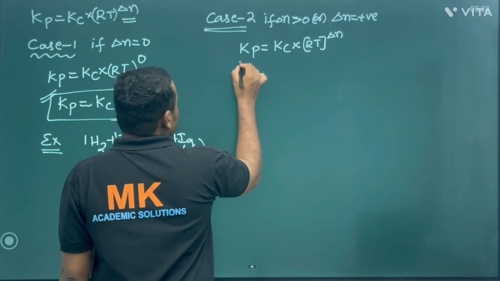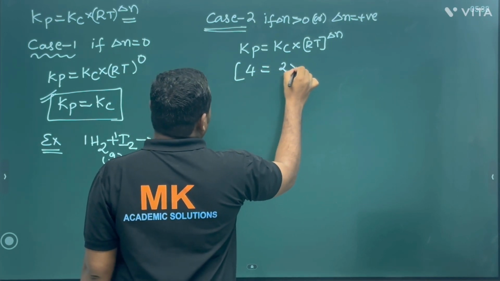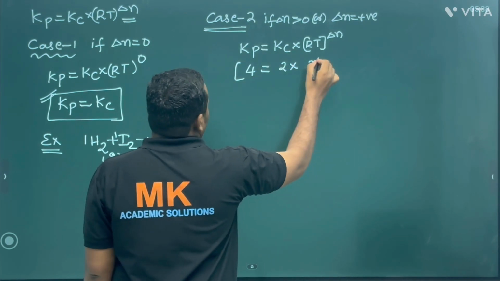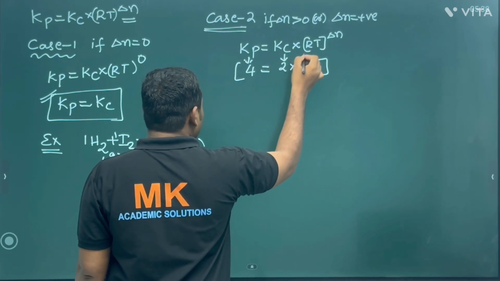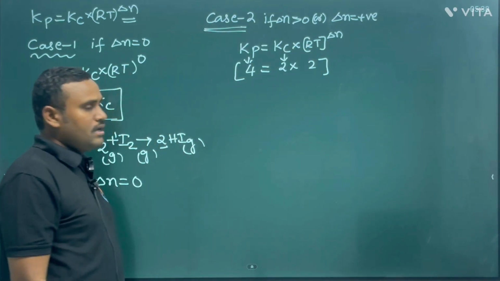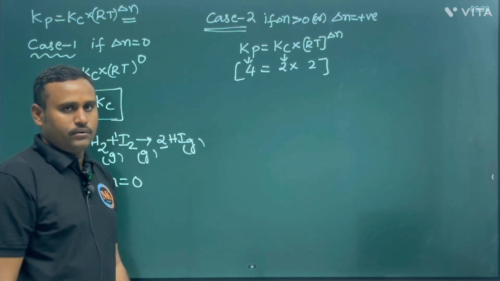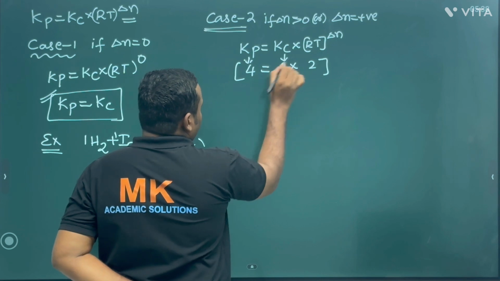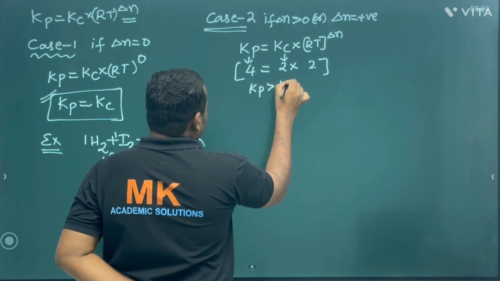Now you can imagine it as 4 is equal to 2 into 2. This is the Kp and this is the Kc, and here we are multiplying with another substance so that it becomes equal. Now what is the relation between Kc and Kp? Here Kp is greater than Kc.